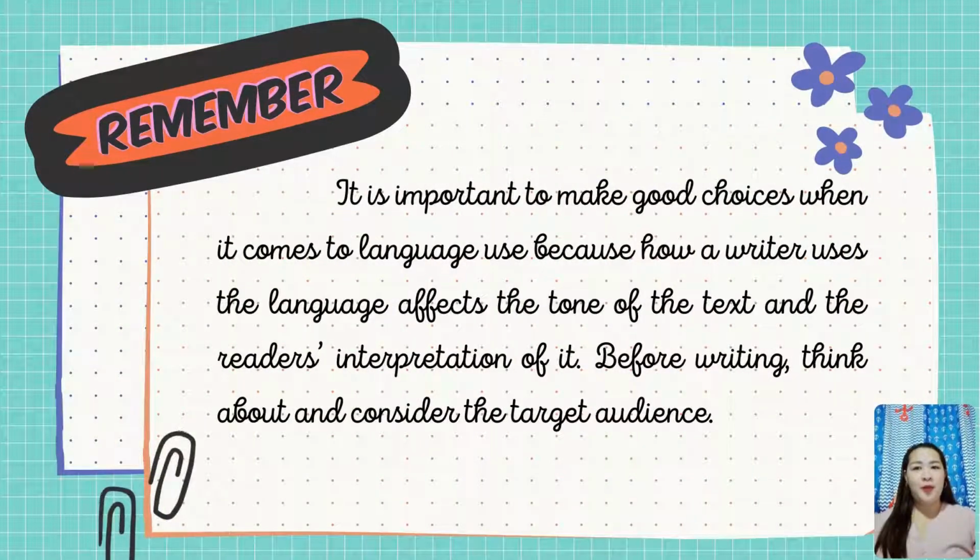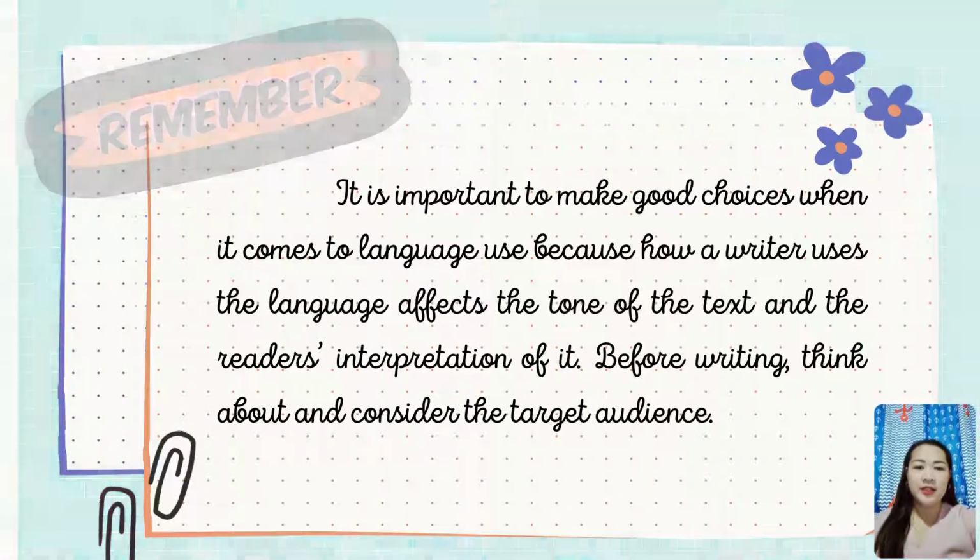Remember, it is important to make good choices when it comes to language use, because how a writer uses the language affects the tone of the text and the reader's interpretation of it. Before writing, think about and consider the target audience.